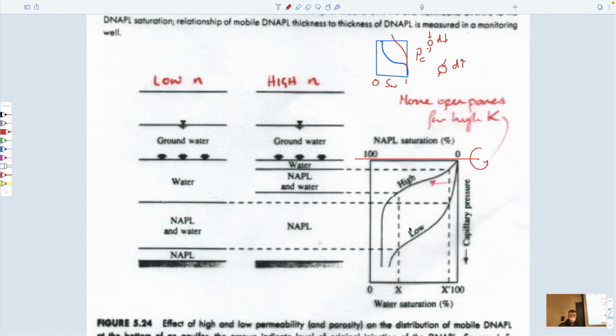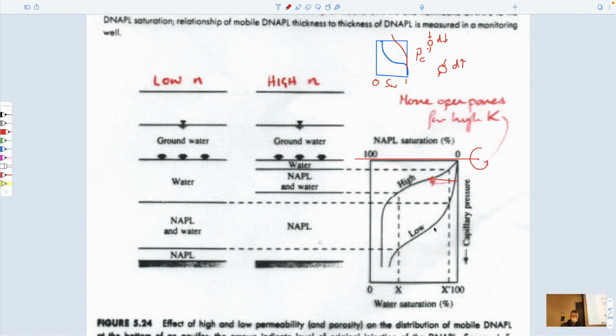And the net impact of this is that for this particular curve, you would end up getting the non-aqueous phase liquid pushing into the water at a very low entry pressure. And so it would saturate to a relatively large NAPL volume at a relatively shallow depth.